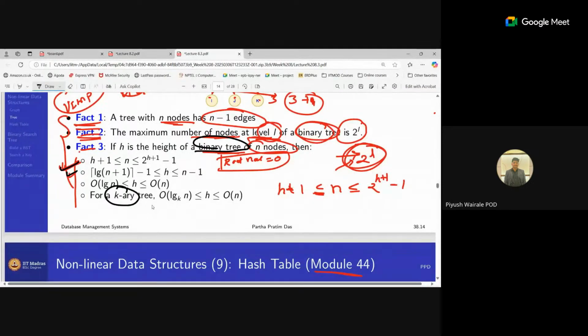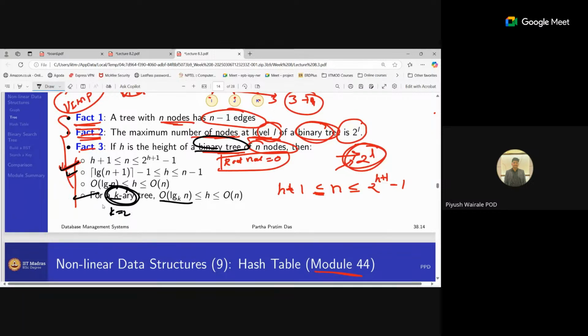If we have three children for every node, in that case it will be log to the base 3. But every node will not always have 3. Remember this is a binary tree; here k equals 2, that is the binary tree.